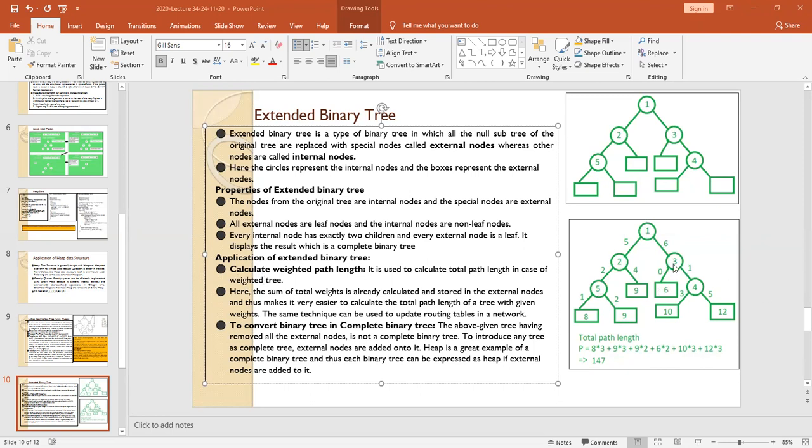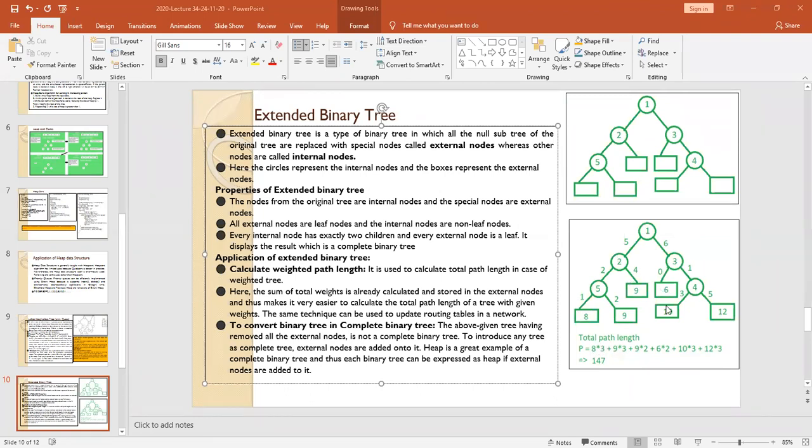It is used to calculate total path length in case of a weighted tree. Here you can think of this: first, what is the weighted path? For 8, next 9, next 9, 6, 10, 12. Whatever values you have, you put them here. So first you put 8 here.